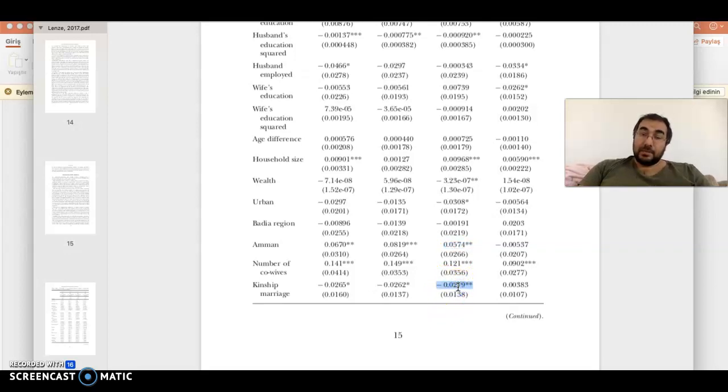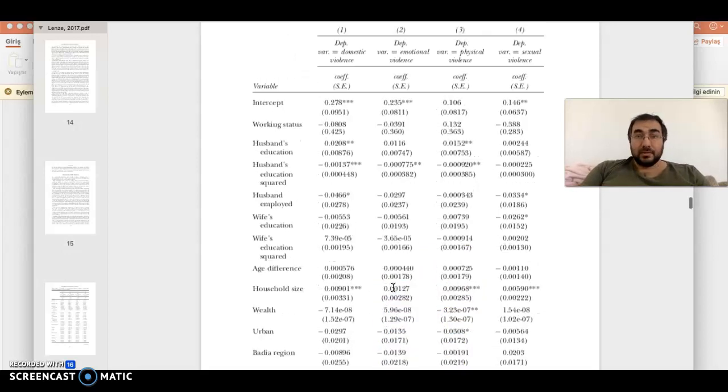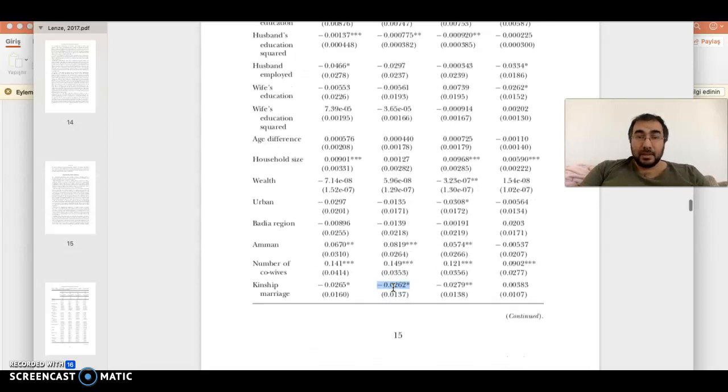Kinship marriage will decrease the physical violence, and also the sexual. This is domestic emotional violence. Living in Amman also increases the emotional violence, and having more wives increases all types of violence.